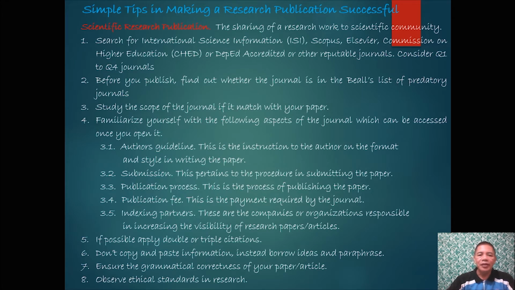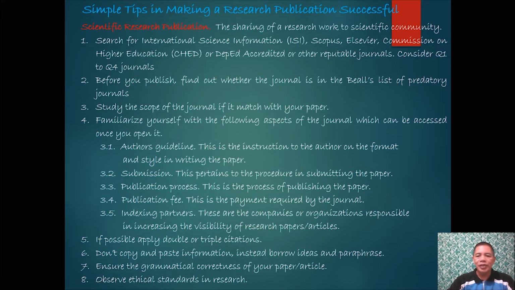Simple tips in making a research publication successful. Scientific research publication is the sharing of a research output to the scientific community, and this is in the form of journals. Tip number one, search for International Science Information, ISI, Scopus, Elsevier, Commission on Higher Education, CHED, or DepEd accredited or other reputable journals.